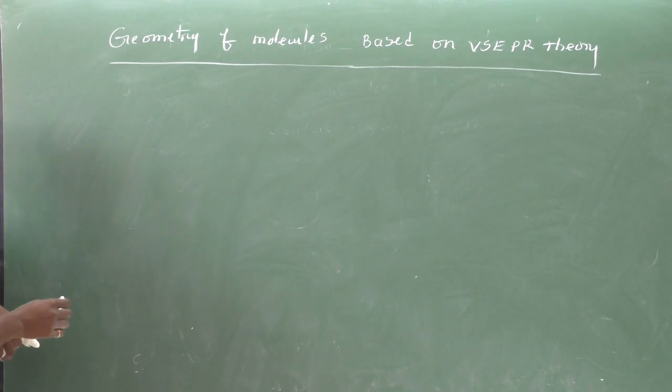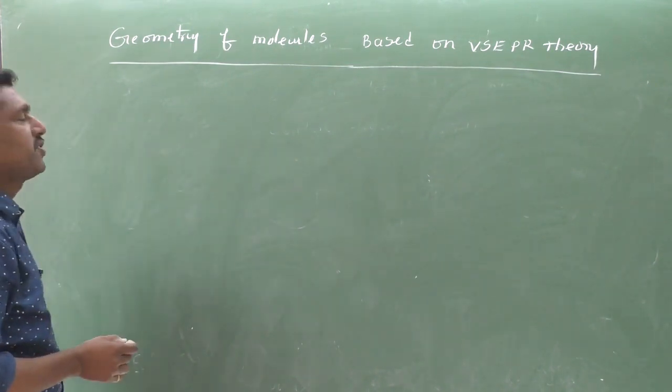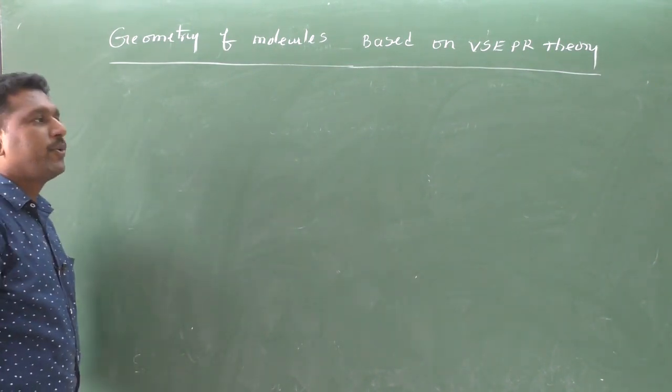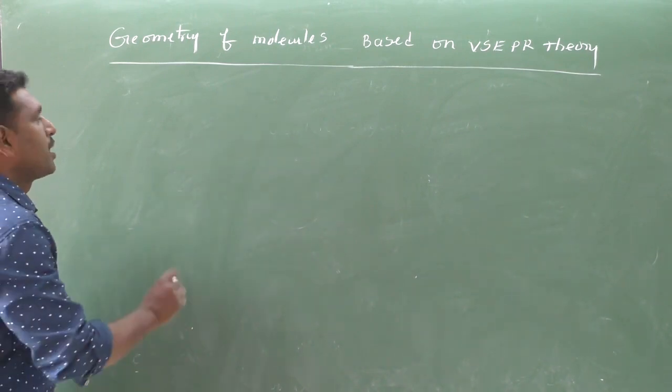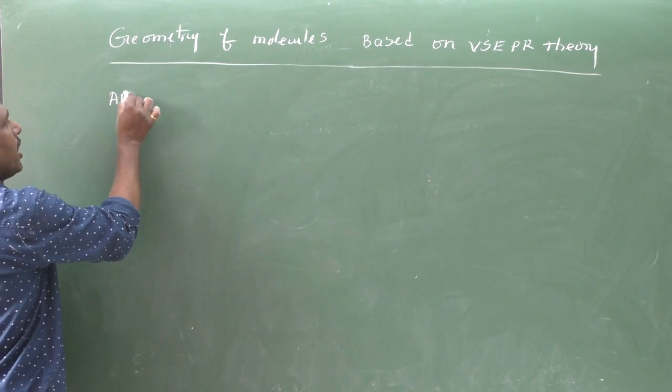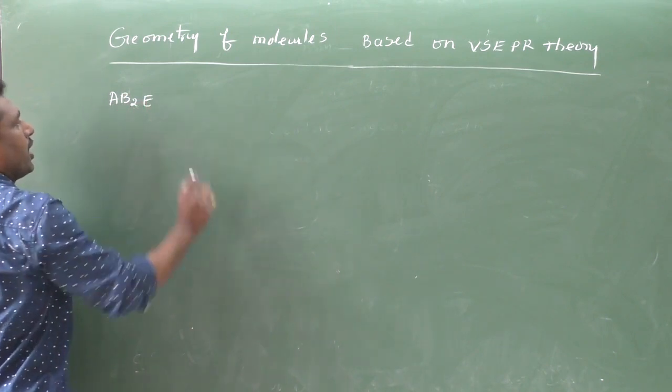So first one, AB2 type of molecule. I will explain molecule type AB2E.